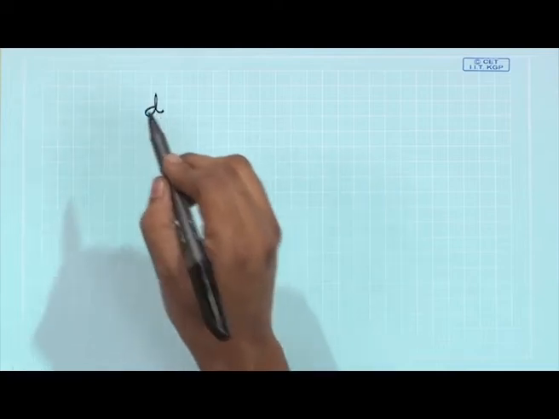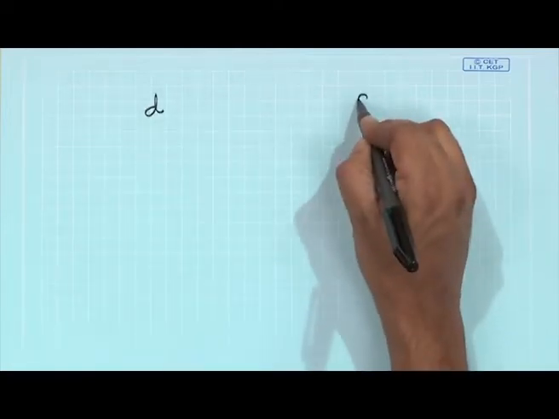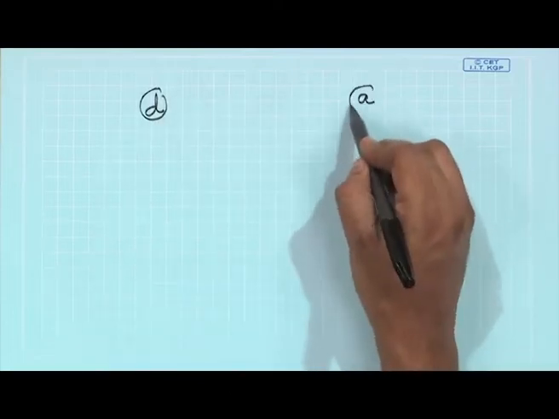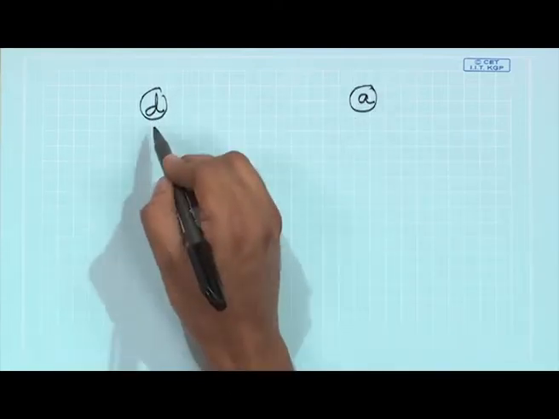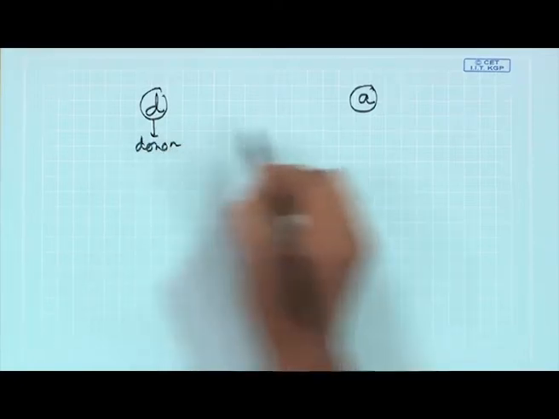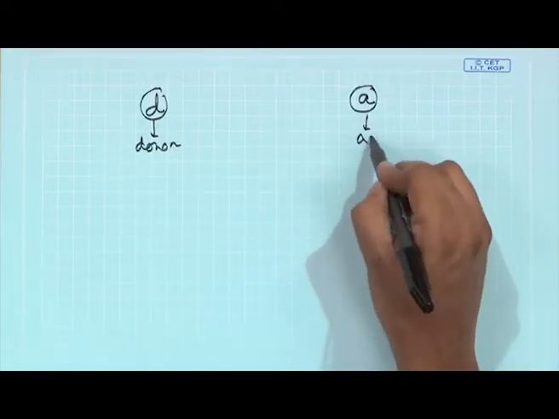Now, before we talk about these things, we will try to give you examples or an explanation of two terms, D and A. We might have explained them a couple of times earlier. D stands for donor and A stands for acceptor.